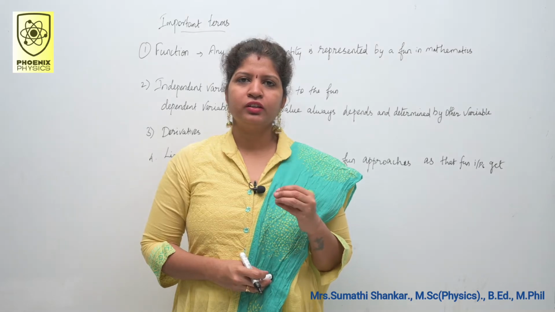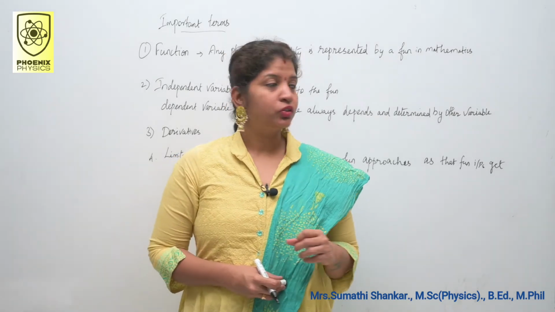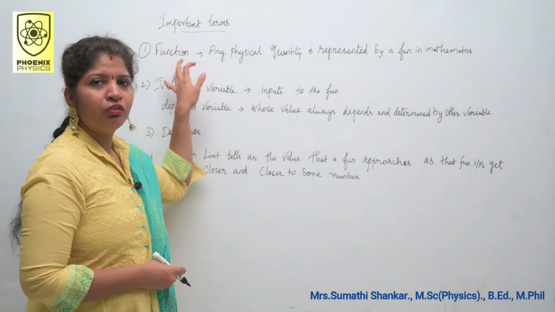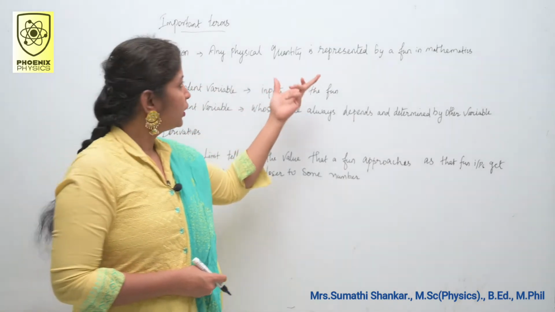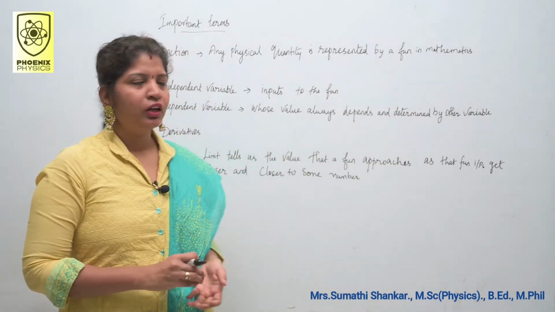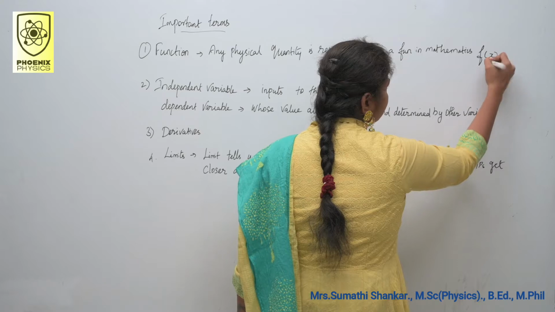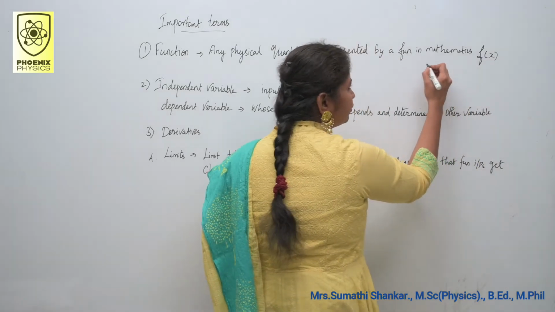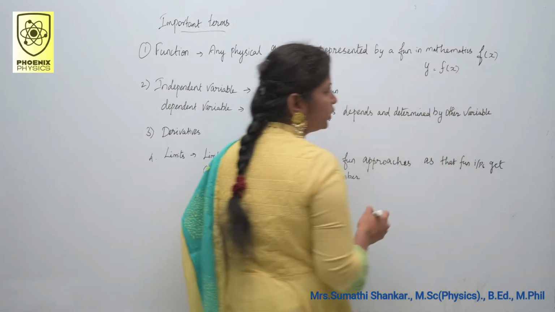Next, we will discuss important terms in differential calculus. First one is function. Any physical quantity is represented by a function in mathematics. It can be denoted as f of x, or in general we can write y is equal to f of x.